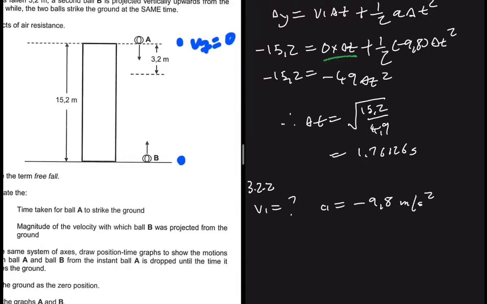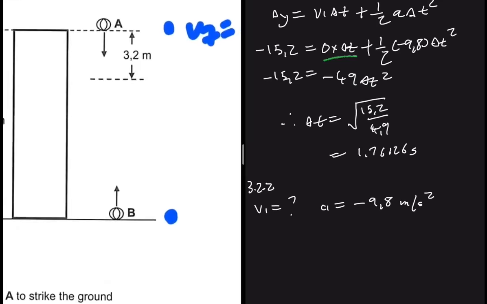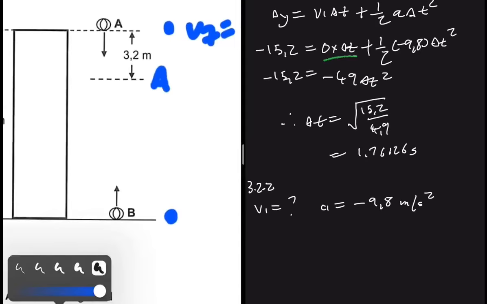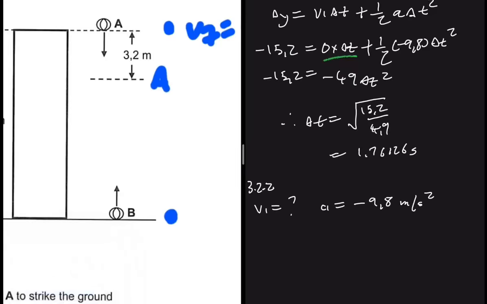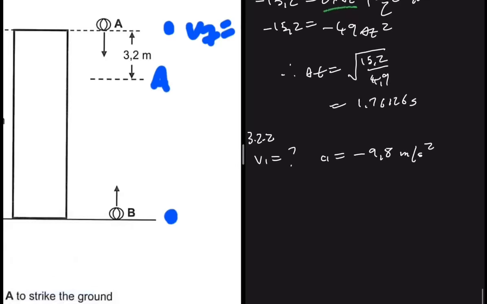Because we are told that ball A and ball B strike the ground at the same time. But then when ball A was at this point, that is only when ball B was projected upwards. So we can say that the total time of ball A minus the time taken by ball A to go from maximum height to 3.2 meters below the maximum height will give us the time for ball B, right? So let's go ahead and do that.